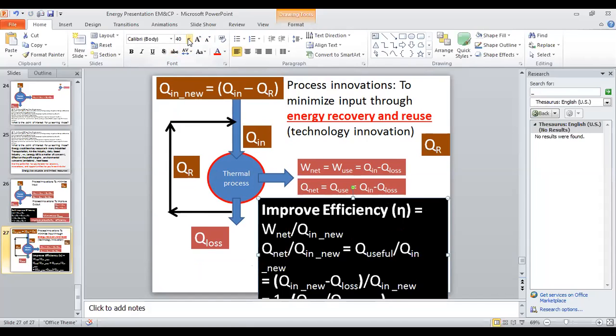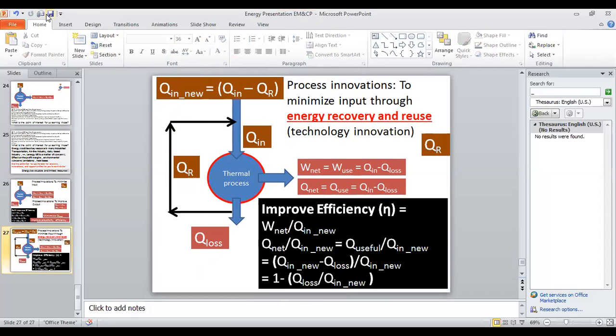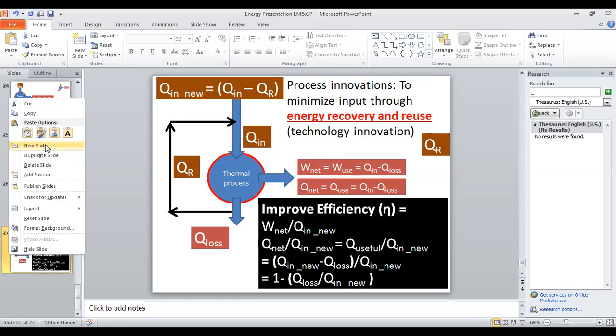This is one of the areas people are focusing on, reuse, or we call it recycling. So let me draw one more, the same one. I will duplicate this.